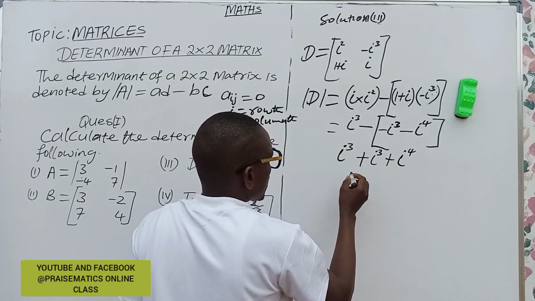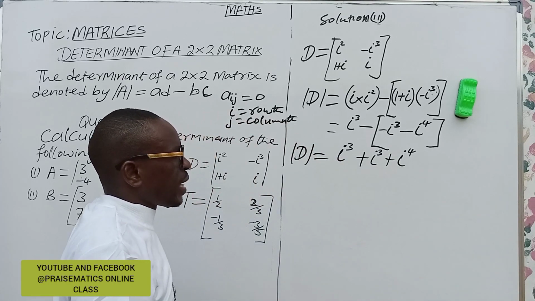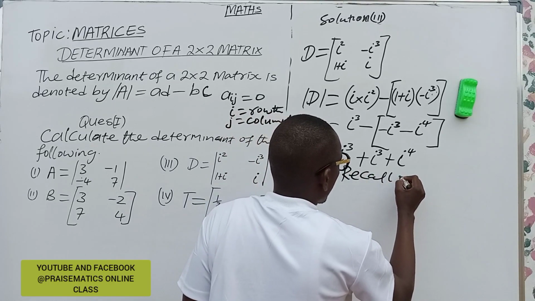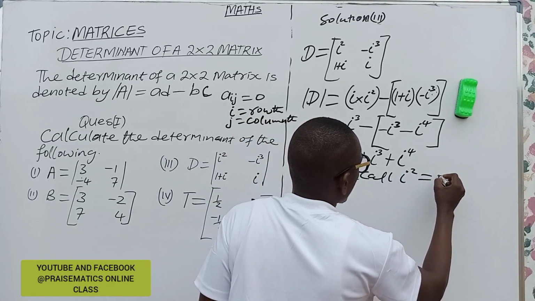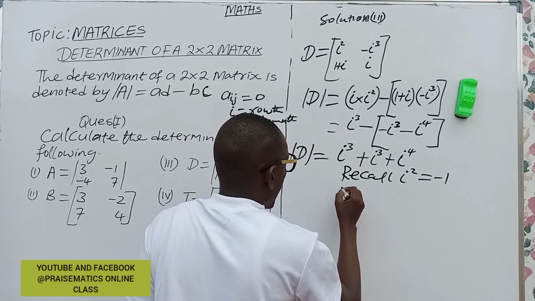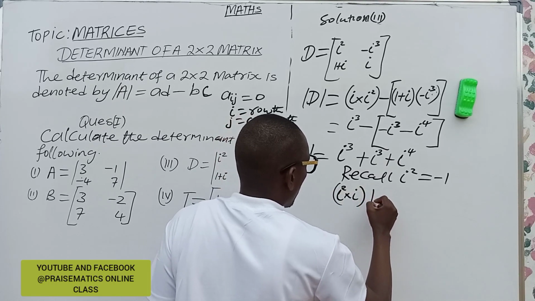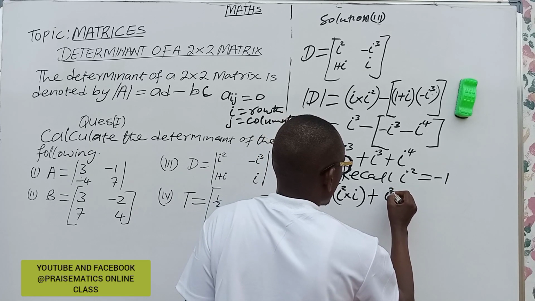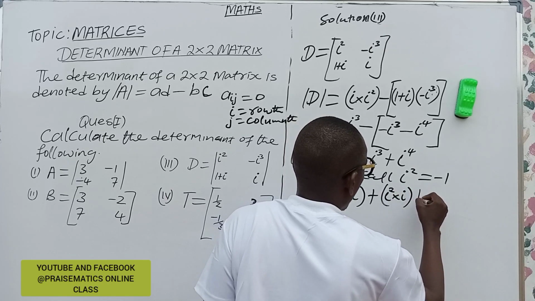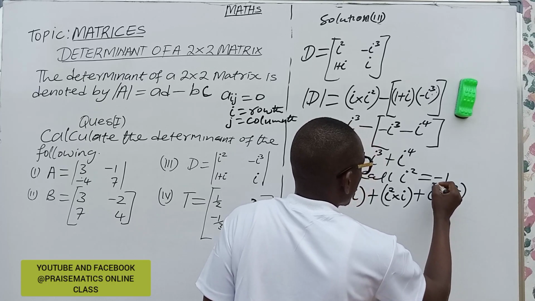So from laws of indices, this may be your answer if you like. You may leave your answer like this. But if you know, from laws of indices, recall that i squared is equal to minus 1. So you can separate this. This can now be i squared minus times i, bracket plus i squared times i, close it, plus i squared times i squared, close the bracket.